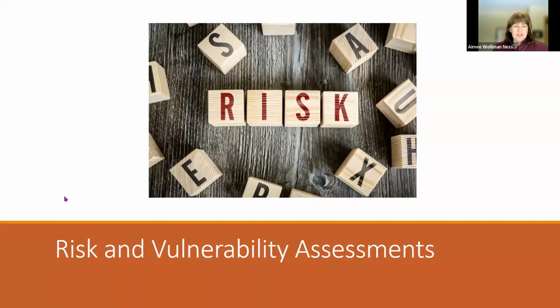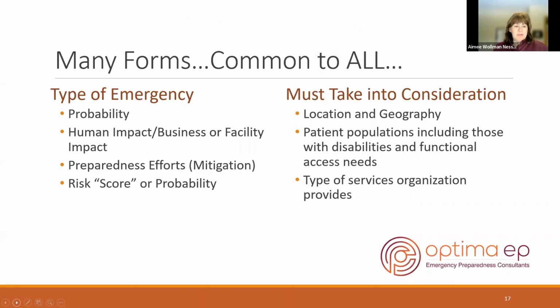So the next section is talking about risk and vulnerability assessments. And again, I want to be clear that we are going to dedicate an entire session to this topic. I believe it may be the next one in March, but we definitely will be spending more time talking about this. There are many, many different types of risk assessments that you can do.